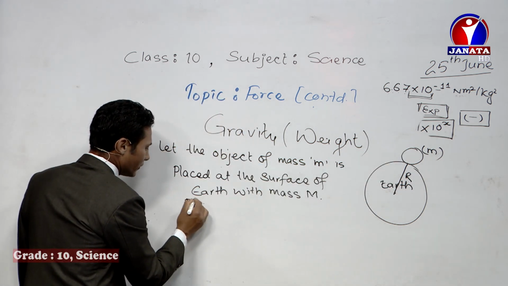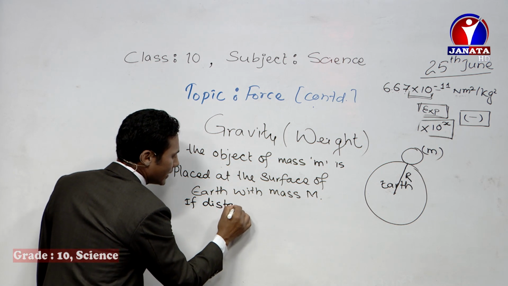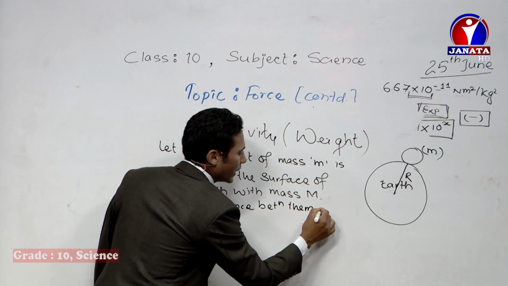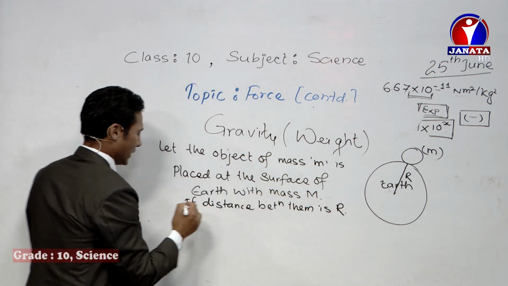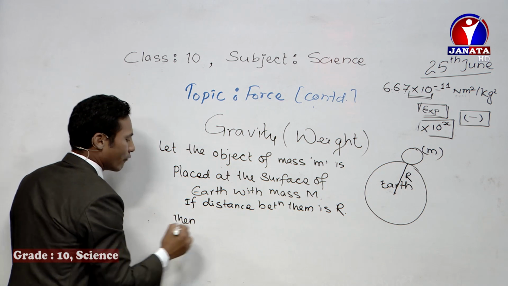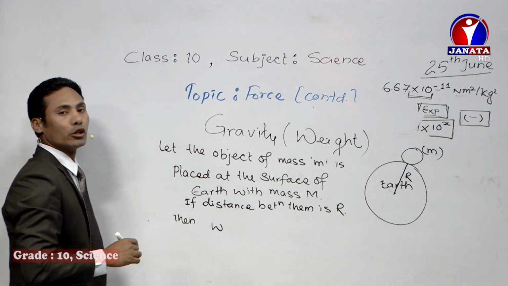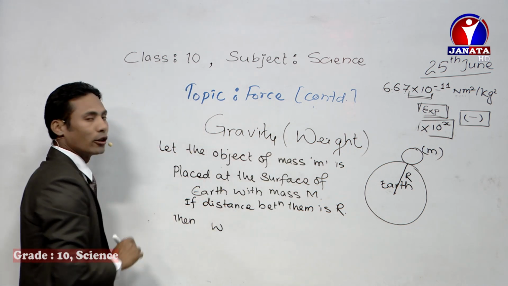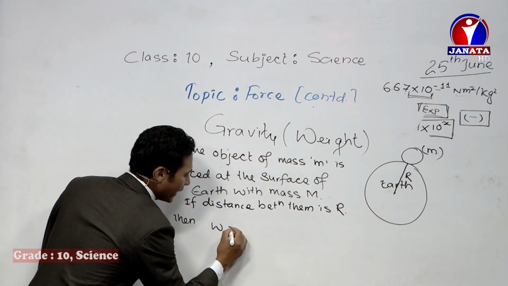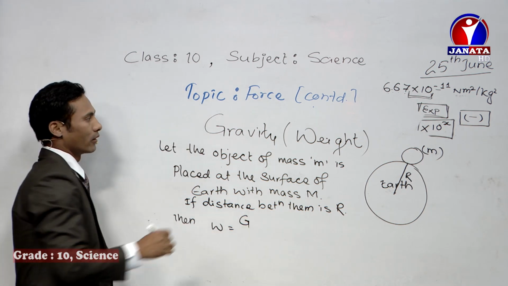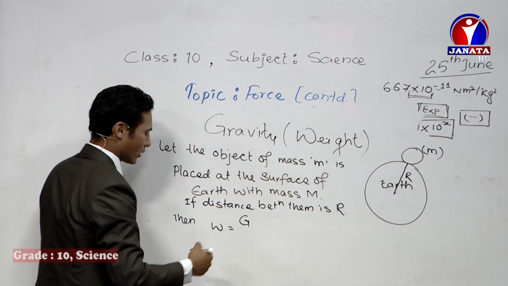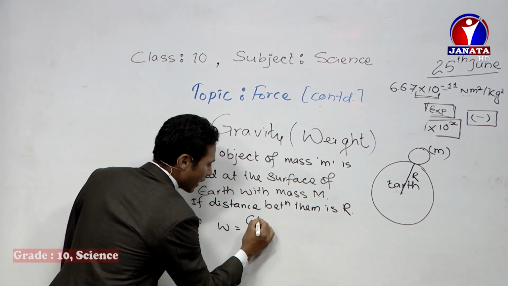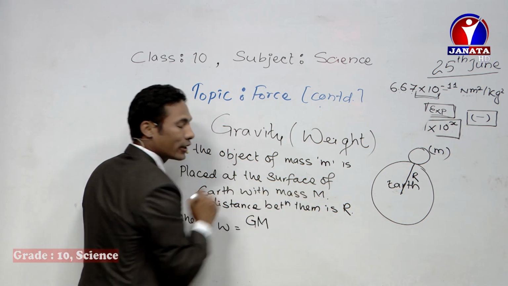So if the distance between them is R, then we can write down W. W is the gravity or the weight. It is a special kind of force, right? So weight will be capital G according to this formula, whatever we have discussed previously. Instead of m1, we'll write this capital M because it is the mass of the earth, right?